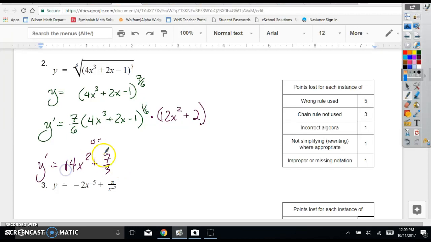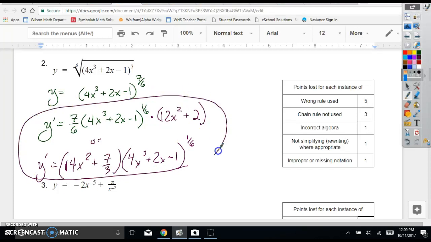So, you know, either one's fine. You could have that times 4x cubed plus 2x minus 1 to the 1/6. Okay, either one of these is completely adequate. All I did here was I multiplied this into this, and to be honest with you, you could probably leave it like the top one, or you could write it as the bottom. Either one is fine.